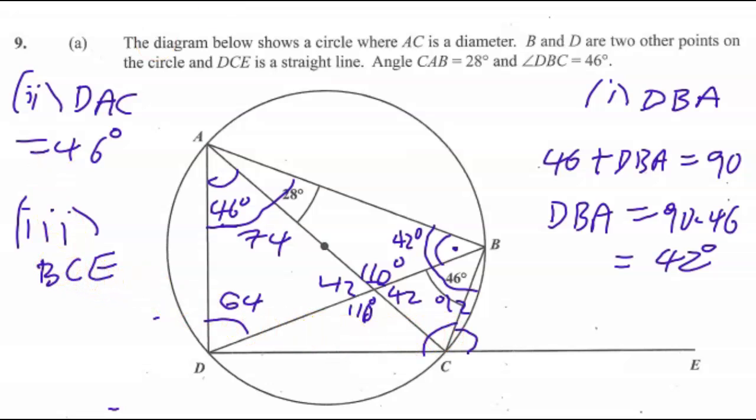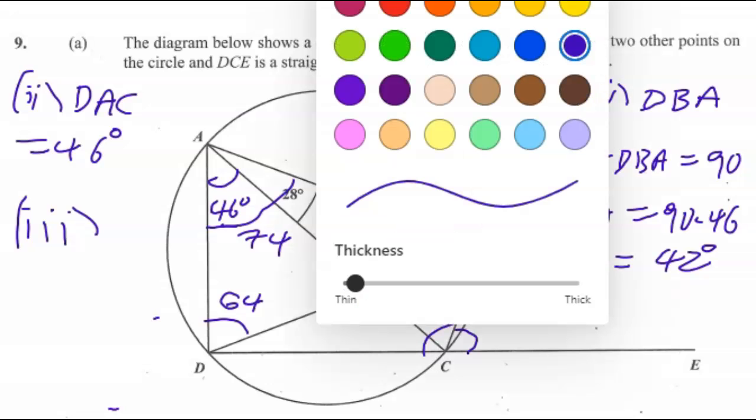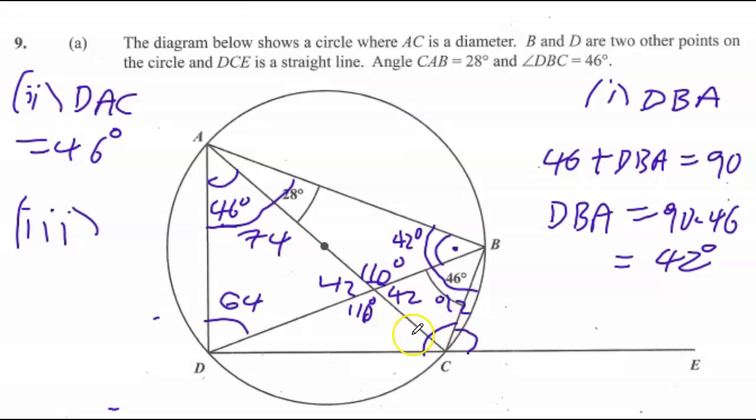Let me just write this. So this angle will actually be 106. All of this will be 106 degrees. So 74 plus 106, these two angles must add to 180.